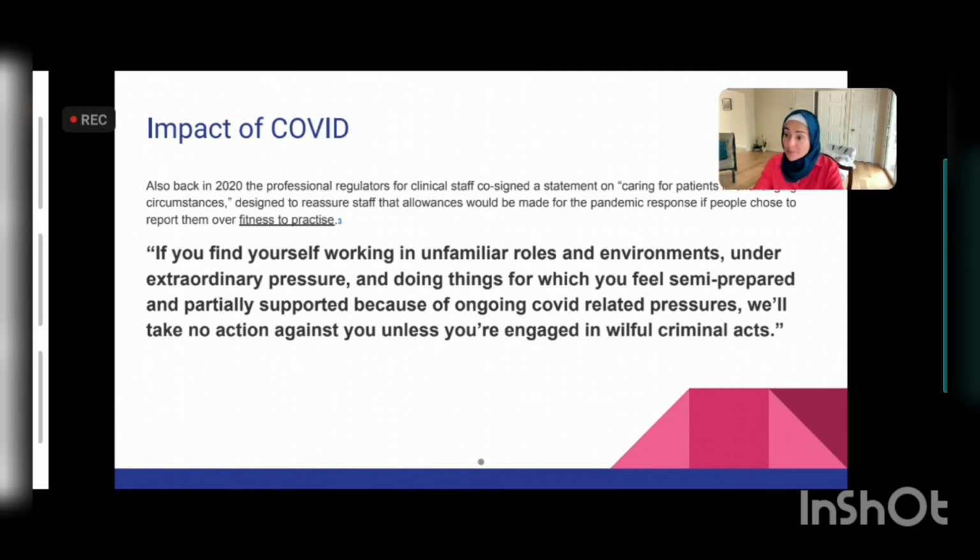And then with regard to complaints and the GMC investigation, so back in 2020, the professional regulators for clinical staff co-signed a statement on caring for patients in challenging circumstances.